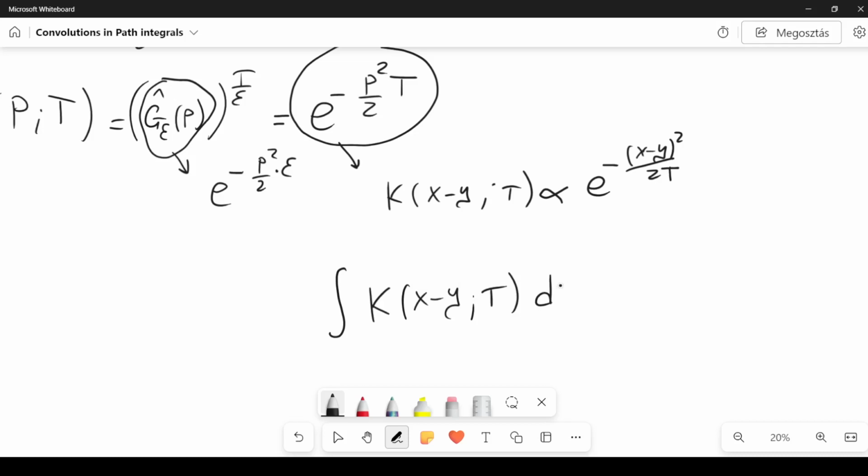But if we integrate the function over y, basically we are integrating over this argument. So it is the probability of finding the particle anywhere. So it is the probability of the particle taking any possible path. And of course, it makes sense to set this equal to 1 because we want the probabilities to be normalized. So we can put this function in here and integrate.